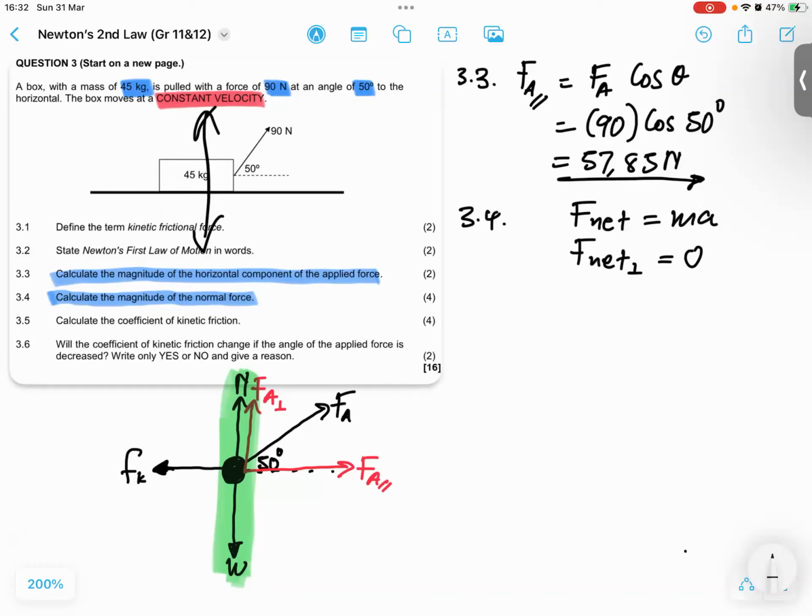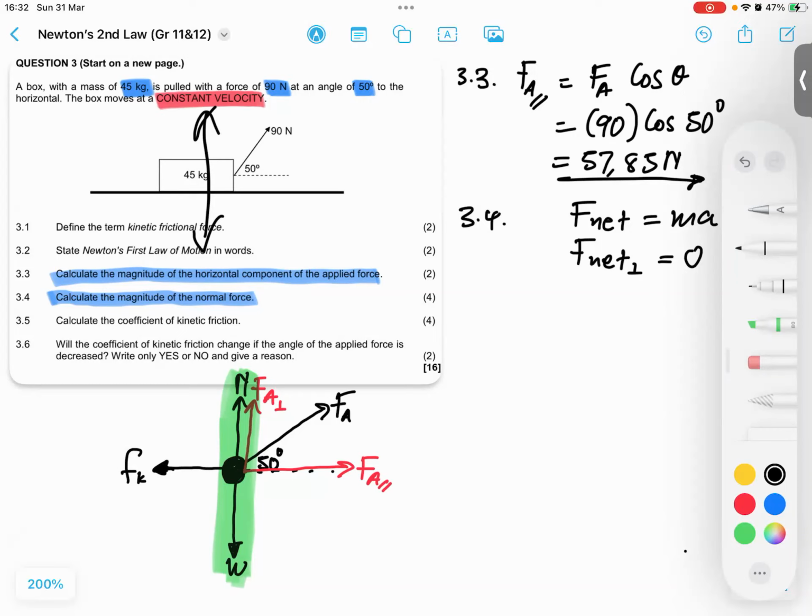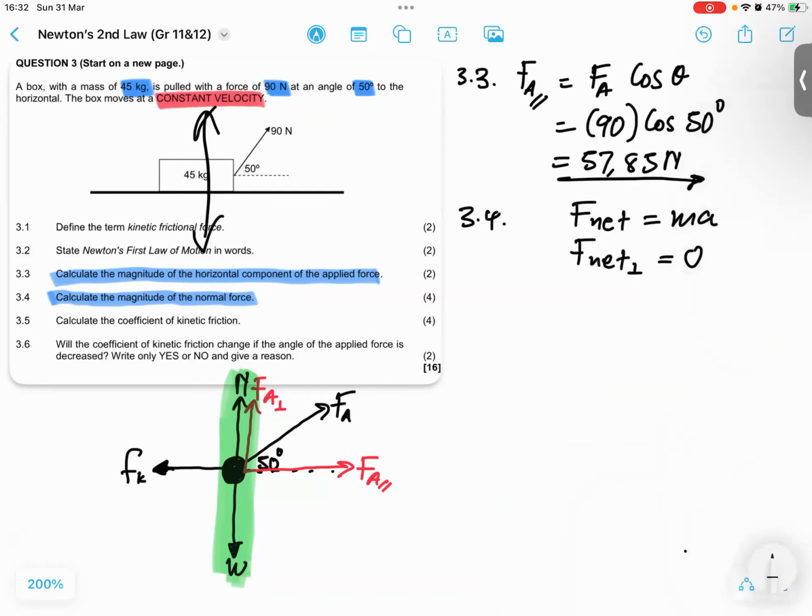And therefore, if there is no acceleration, there is no net force in the perpendicular direction of our object, right? So what are the forces acting perpendicular to the surface? These are the forces, like I have highlighted them in our free body diagram, the green part. The forces that are perpendicular to the surface are, we have the normal force.